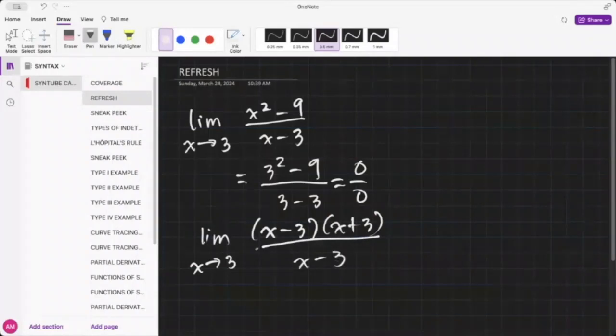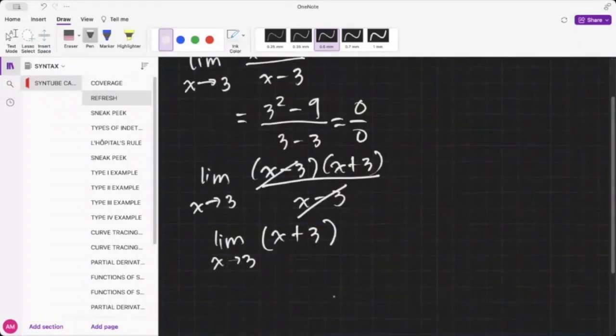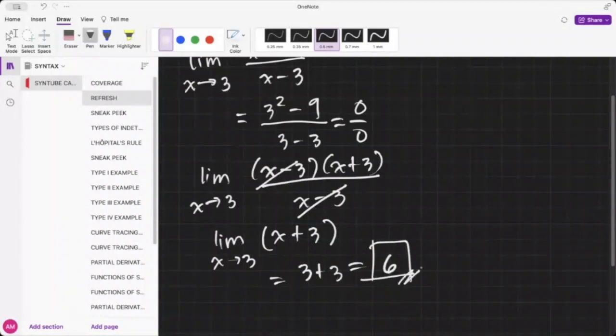And we can cancel x minus 3. We're left with x plus 3. And substituting 3 in this limit, 3 plus 3, we get 6. And this is the final answer.